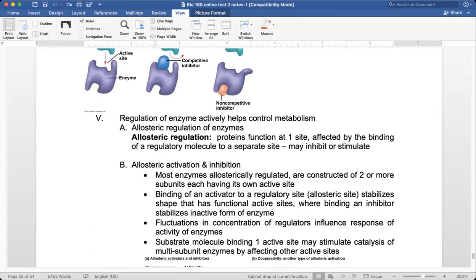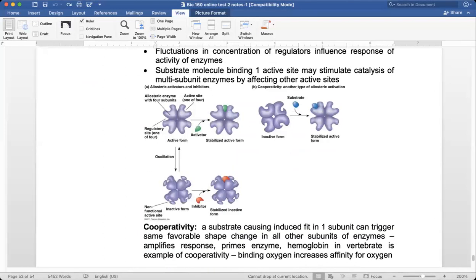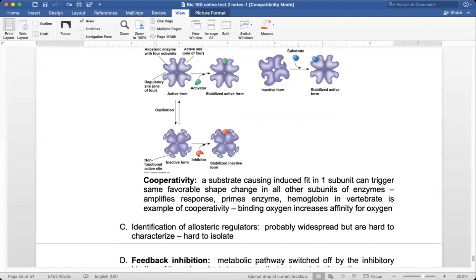So some of the enzymes can actually work together. So they will have activation on an allosteric site. So sometimes you can bind one active site and it will actually stimulate catalysis of a multi-unit enzyme that will affect other active sites. Sometimes they will be cooperative in there.